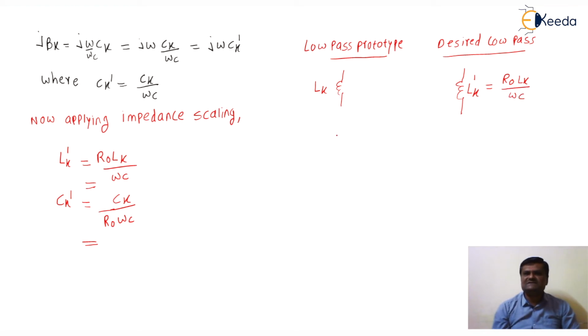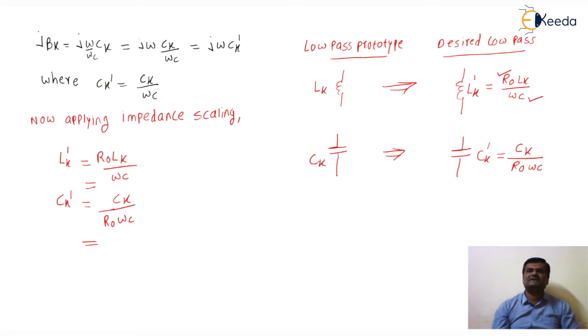Then capacitance Ck is transformed as Ck dash equal to Ck divided by R0 omega c. So this is called the transformation of the low pass prototype into the desired low pass by using impedance scaling and frequency scaling techniques.